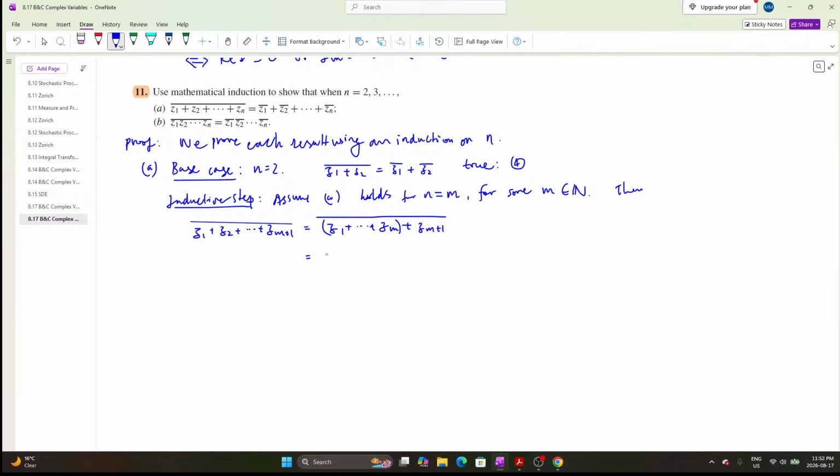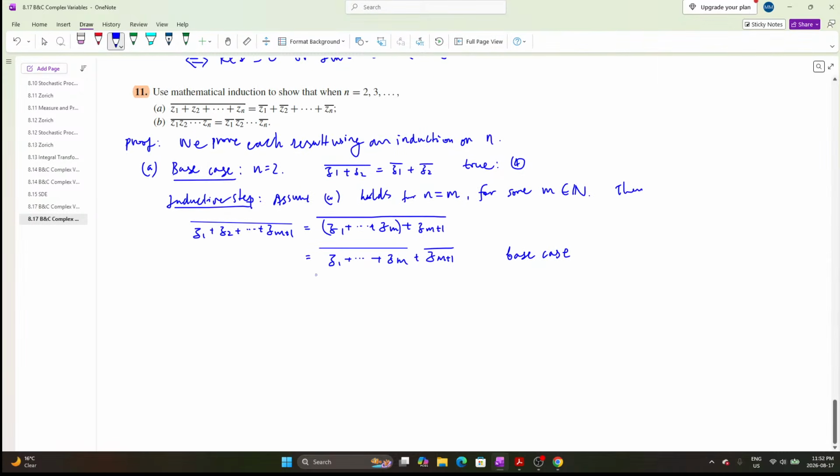So next up, we use the base case: z1 plus all the way to zm, taking conjugate, and then plus zm plus 1 conjugate.